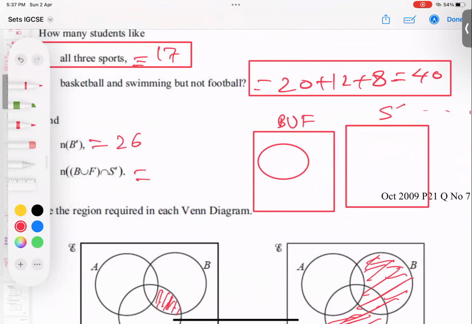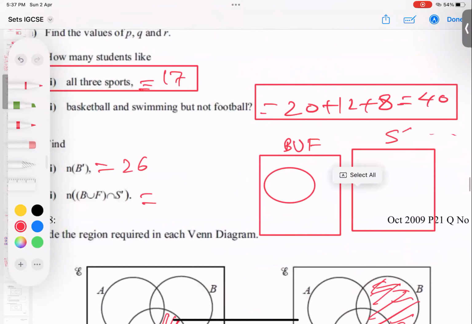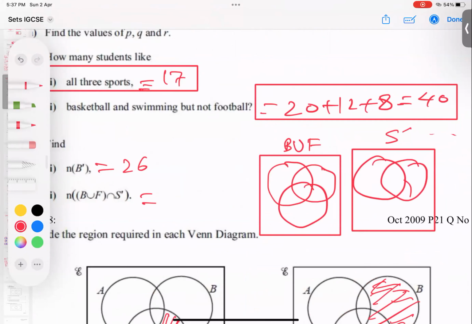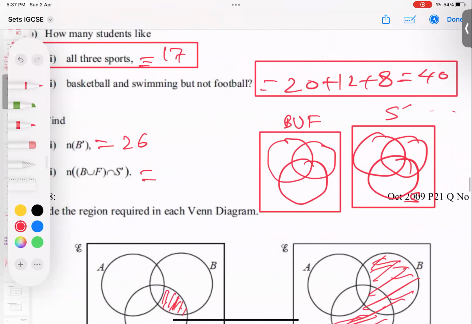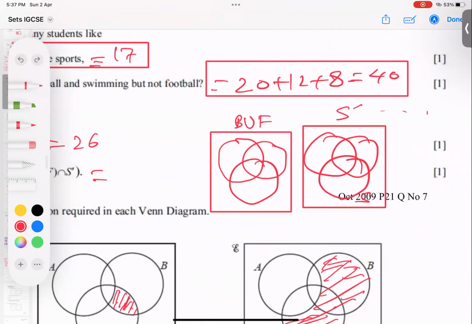There are 3 circles. Let me check circles. Okay, 3 circles: 1st circle, 2nd circle, 3rd circle. And where is S? S is below. S means complement, except S, take everything. I repeat my words: except this one, take everything.